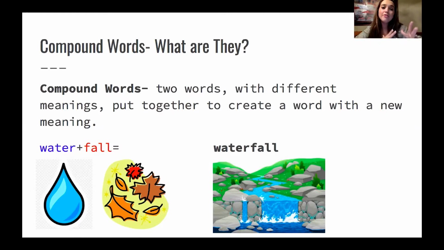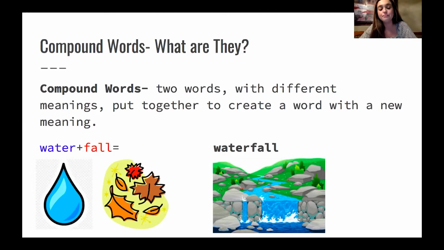So a couple different meanings of fall, but here you can see we put together water plus fall equals waterfall. And just knowing the definitions of those two words, it does help us to figure out what waterfall means, because all we have is water and it's falling, right? It's just water and it's falling and it creates a waterfall. So that is how we get that word.